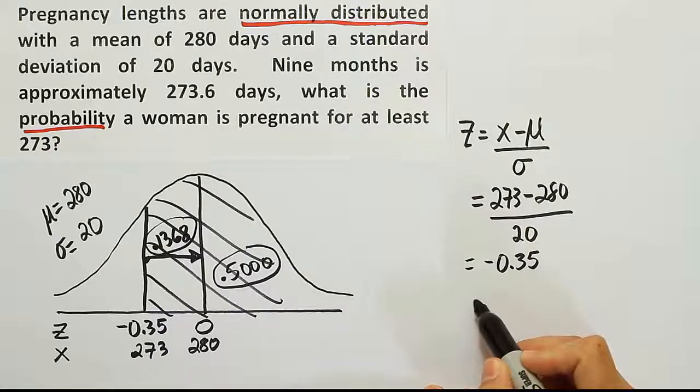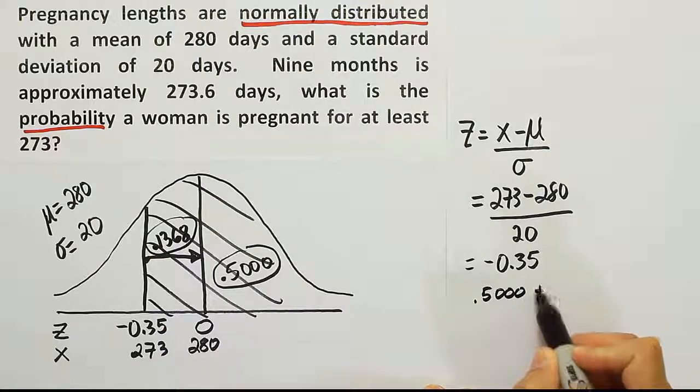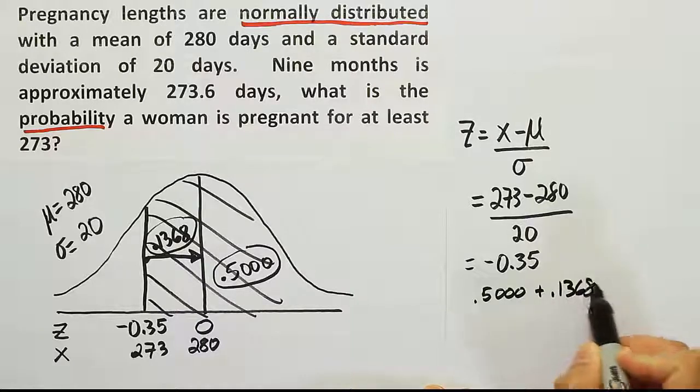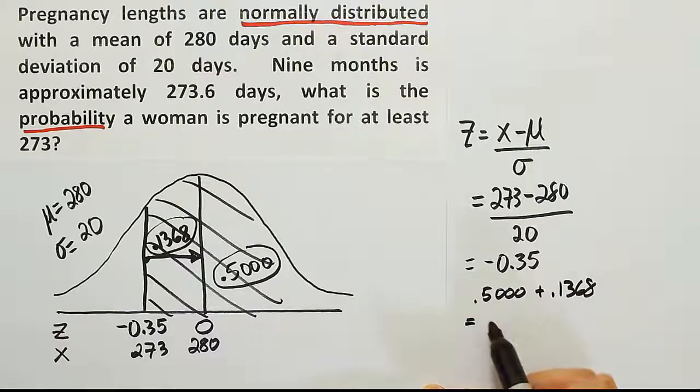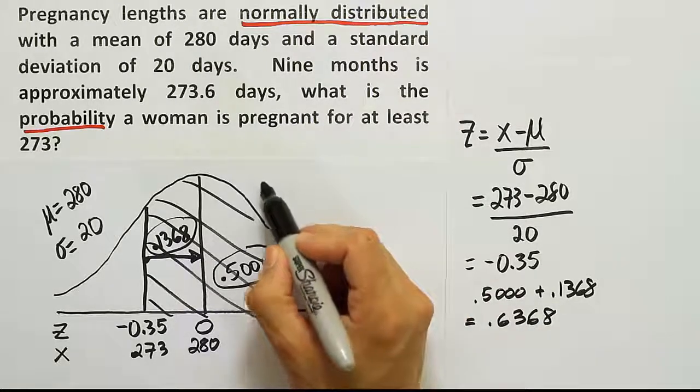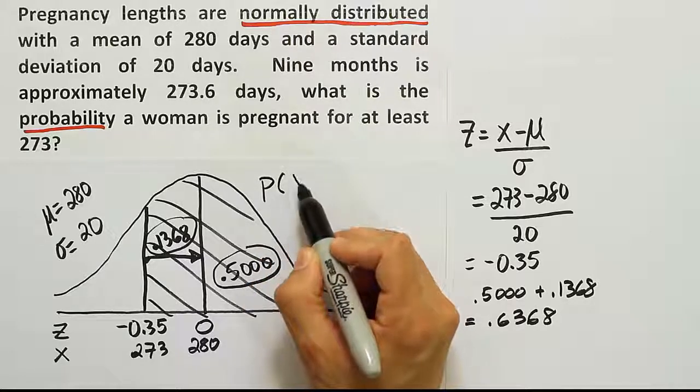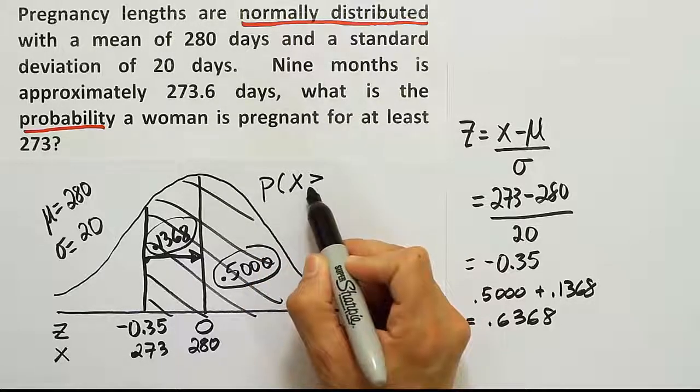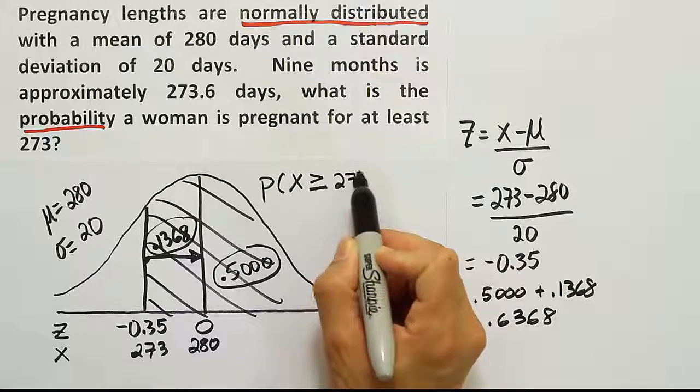So the final answer would be 0.5 added to 0.1368, and of course that gives us 0.6368. All right, so let's write it out as a probability statement. The probability that a woman is pregnant for more than or equal to 273 days, right?